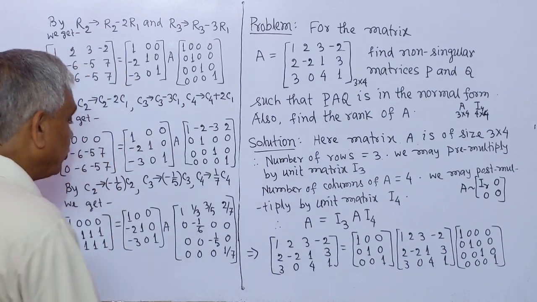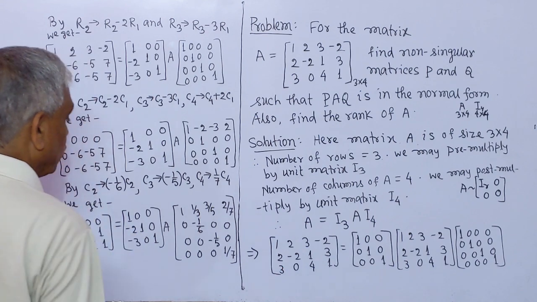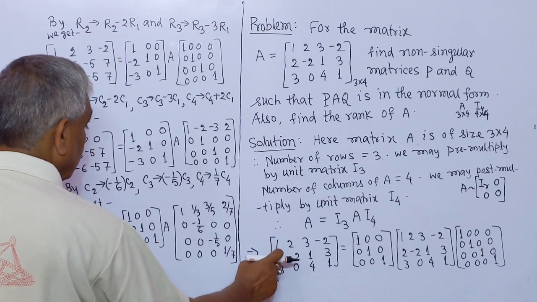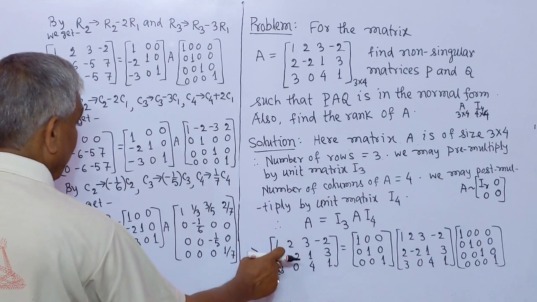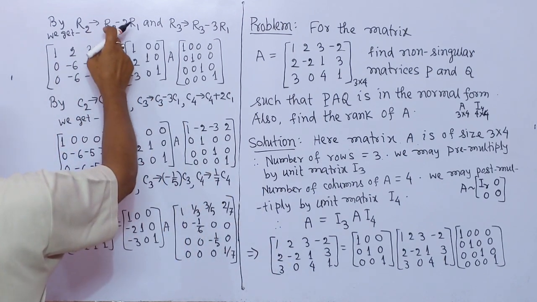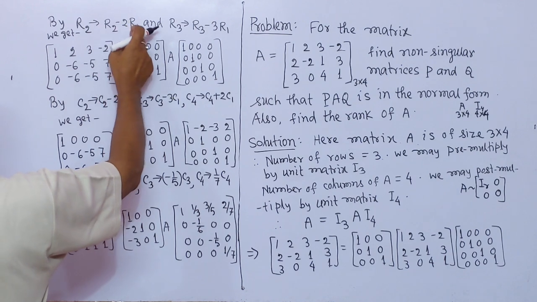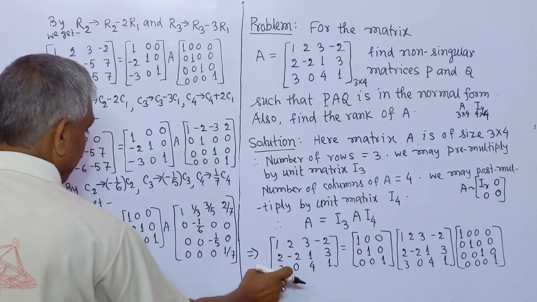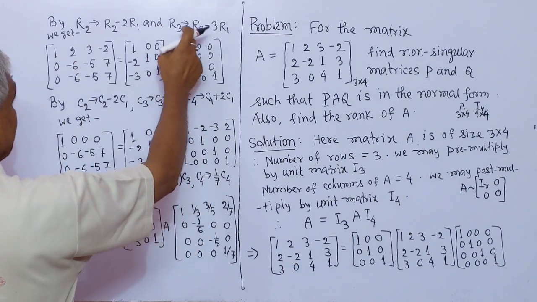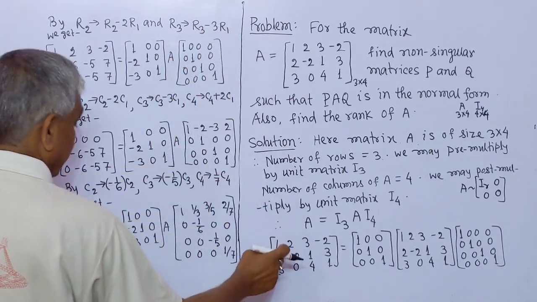So we have to perform elementary row transformation: in place of R2, R2 minus 2 R1, and in place of R3, we have to perform R3 minus 3 R1.